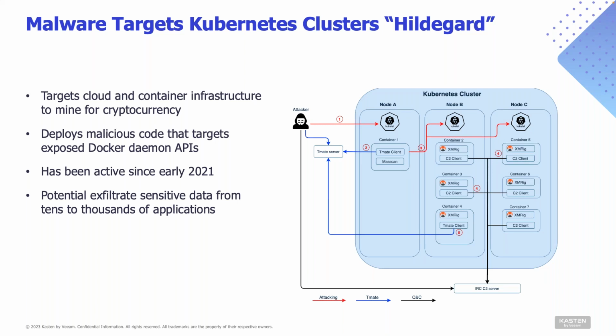It also deploys malicious code into your environment using a Docker daemon. Then it runs as pods within your Kubernetes cluster and uses your environment. So you have someone piggybacking on your infrastructure, maybe in AWS or on-premises, using your cloud infra to mine.